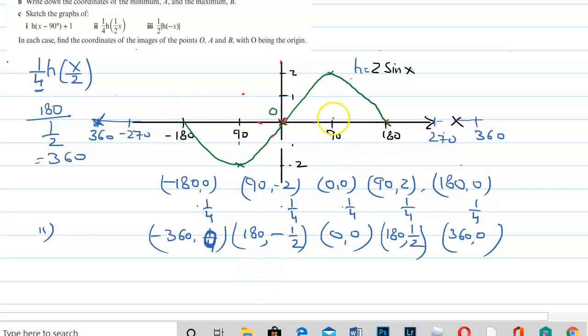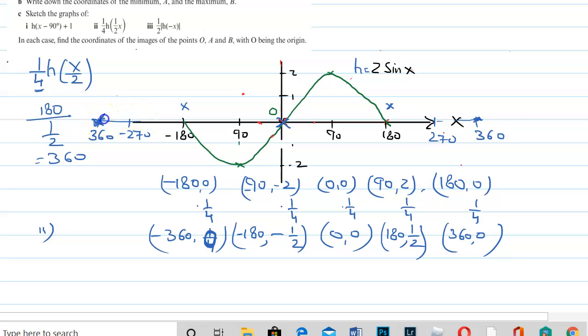At 180 is minus half. These are negative 1. Negative 180 is minus half. At 0 it is 0. 180 it is half. Not here, 180. 180 it is half. And 360 to 0.